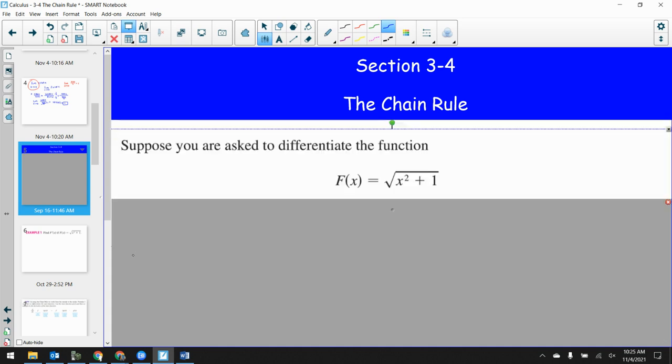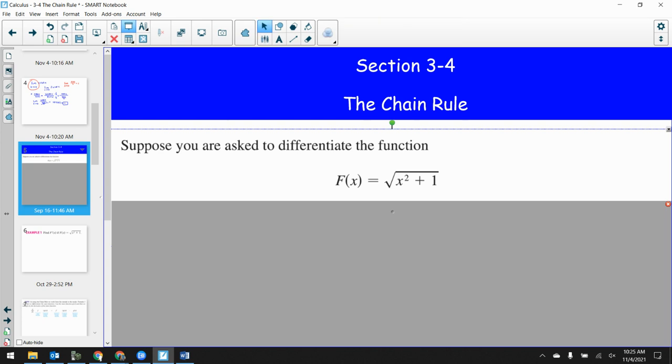For example, if I was given this function, f of x is equal to the square root of x squared plus 1, and I wanted to find the derivative of that, could I use any of the rules that I already know?